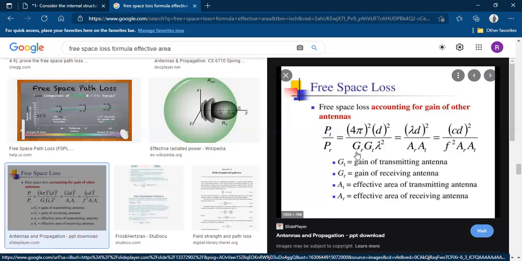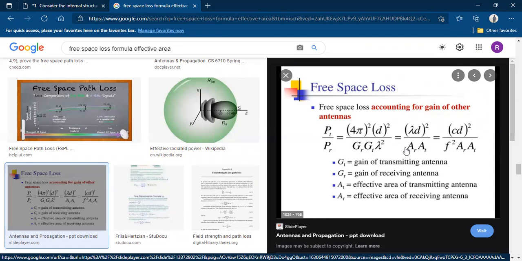The original formula is in terms of gain, and you can replace the gain with effective area. You can rewrite the same formula in terms of effective area. Your job in your lab was to actually replace the effective area.